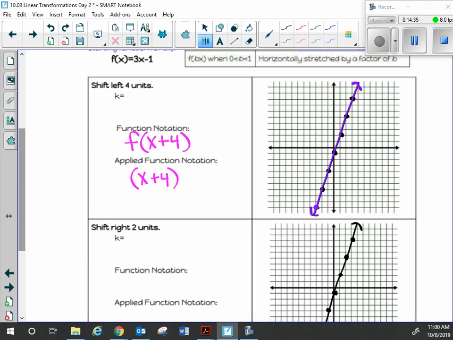And I'm going to build the rest of my function around it. So what do I have to do with this now? Distribute. So 3x plus 12 minus 1. What's my new function? 3x plus 11. Okay.